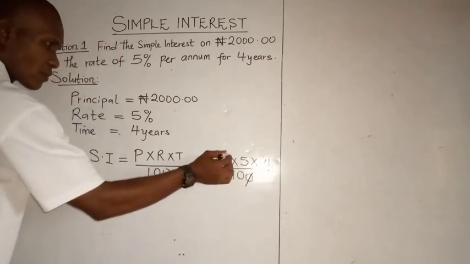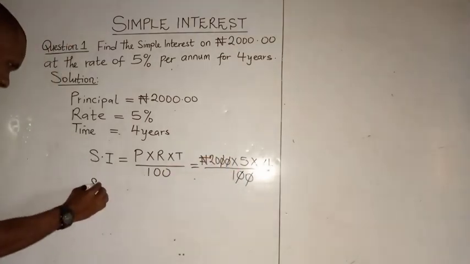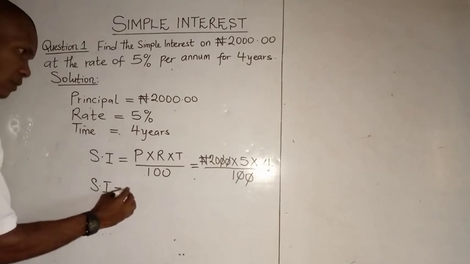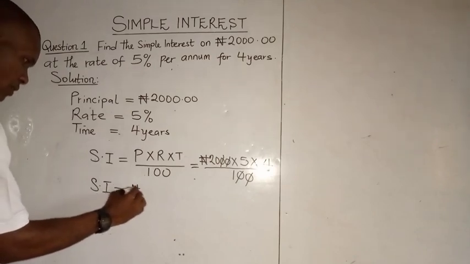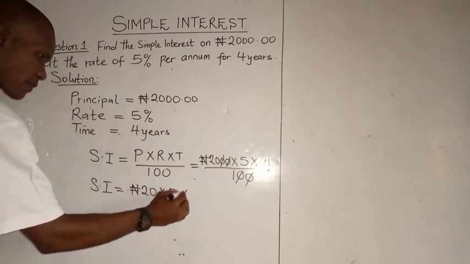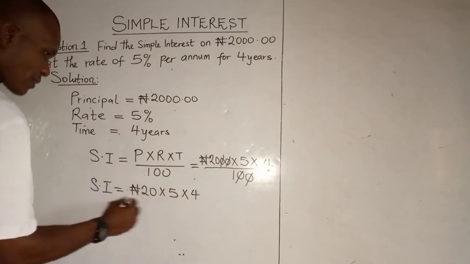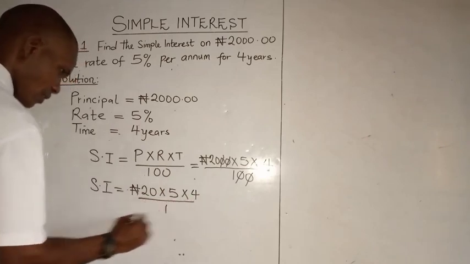So you cancel this, and cancel this. We will be left with 20 naira multiplied by 5 multiplied by 4, all over 1, which is the same thing.